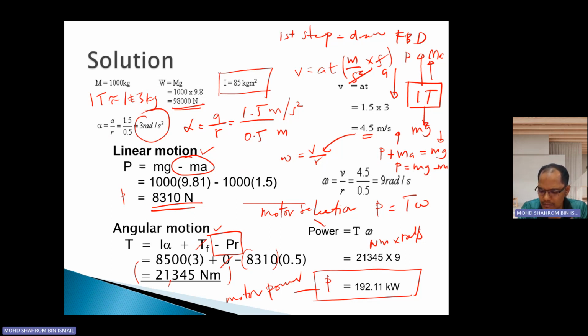Maybe if you consider some safety factors, you can increase the motor power to around 200 kilowatt. Of course, motors come in different ranges and variations, maybe around 150 to 200, or maybe you push more. So if you go by 200 kilowatt, then it should be okay.